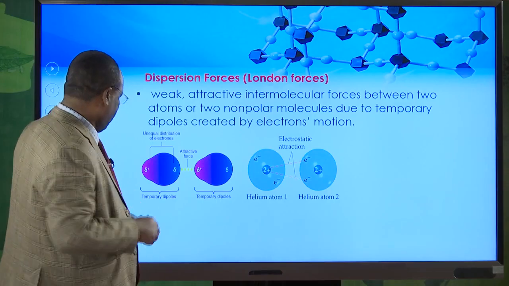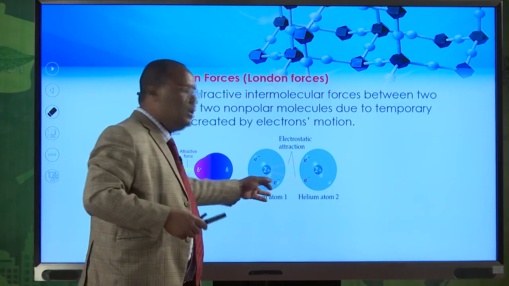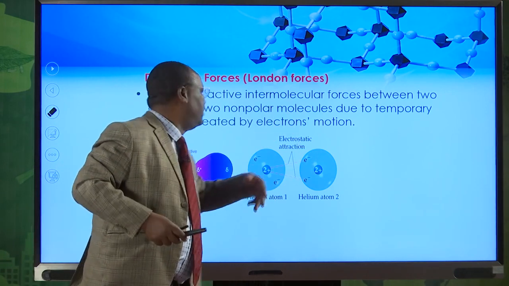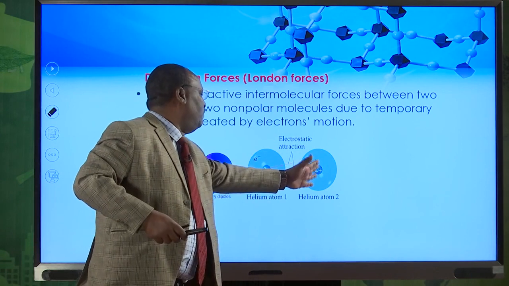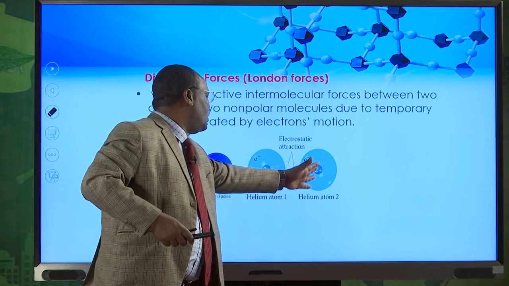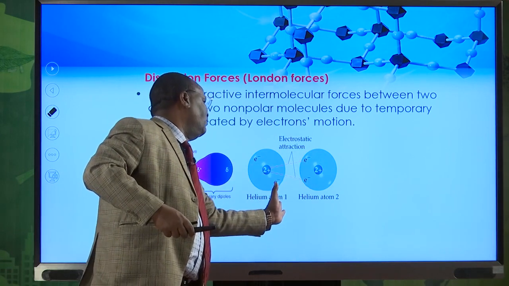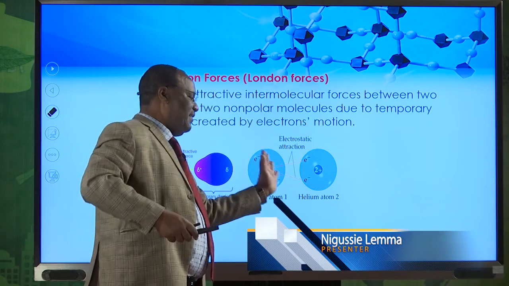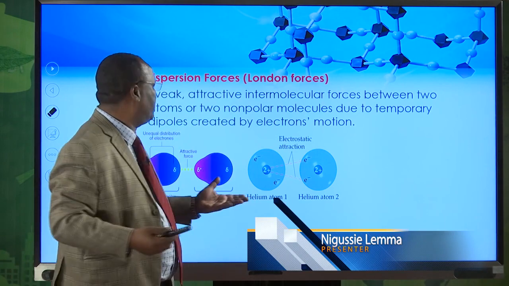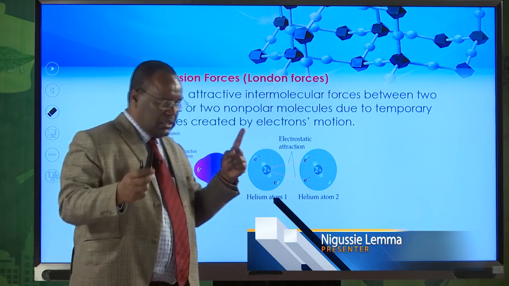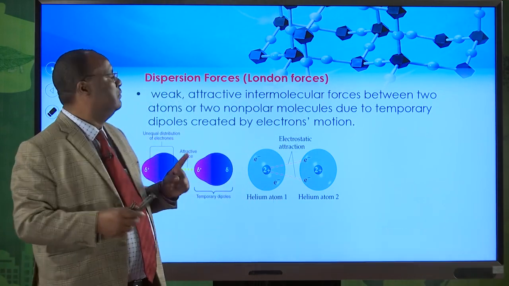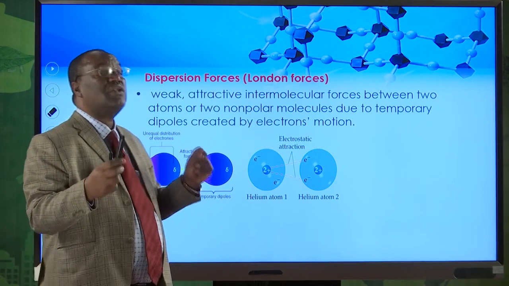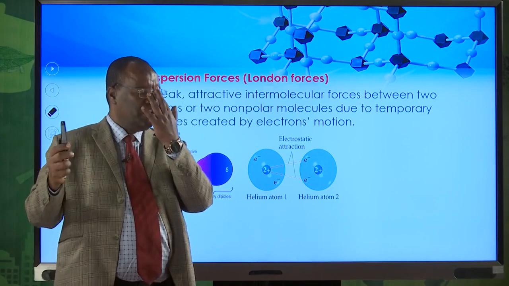For example, take this helium atom. The helium atom has two electrons, and here is another helium atom. When one of the electrons of helium moves in one direction, the side toward which electrons are moving attains a negative charge, the other attains a positive charge, and there is a formation of temporary charges on the two atoms, so that a temporary electrostatic force of attraction is created.